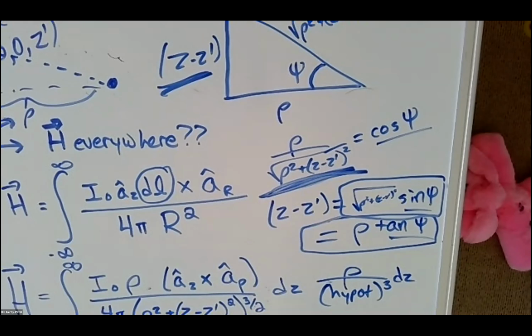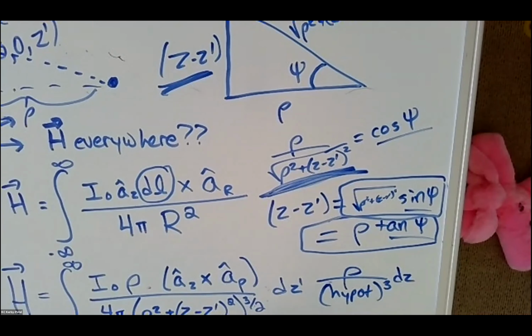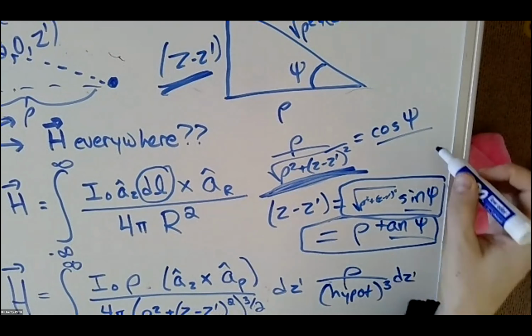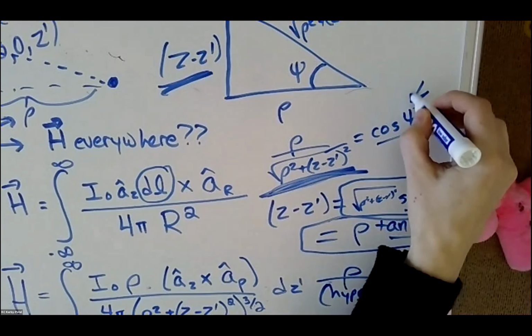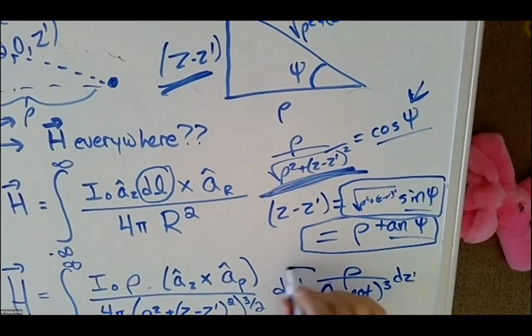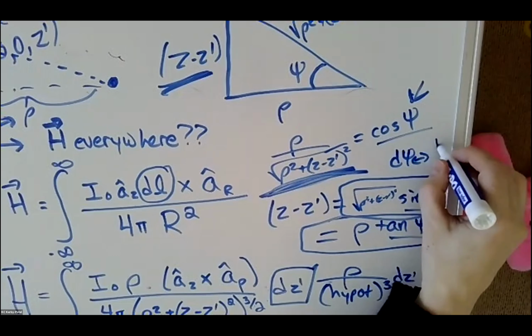Right. And what you would have to do here is, oh, and this is a dz prime that we're evaluating the integral over, not dz. Somebody should have corrected me on that. Anyway, we need to express this angle psi in terms of dz prime. Like, what is d psi in terms of dz prime?